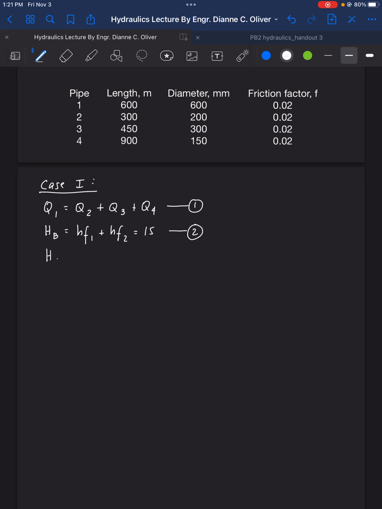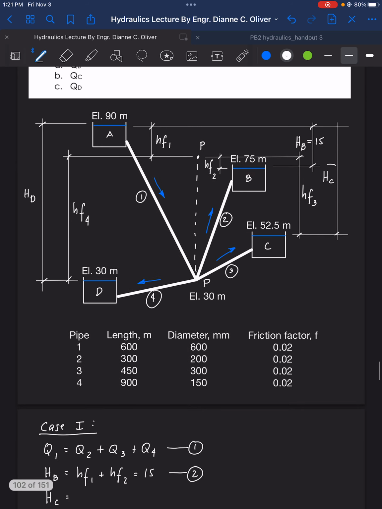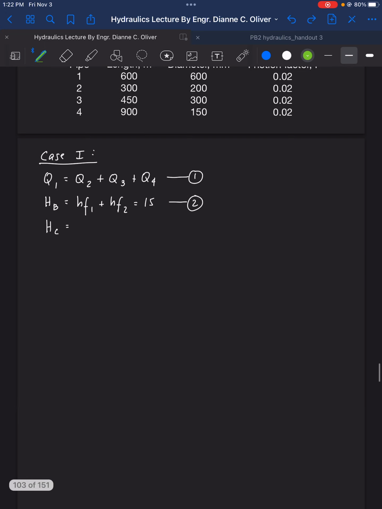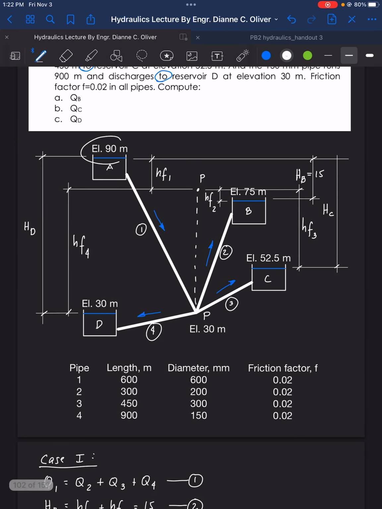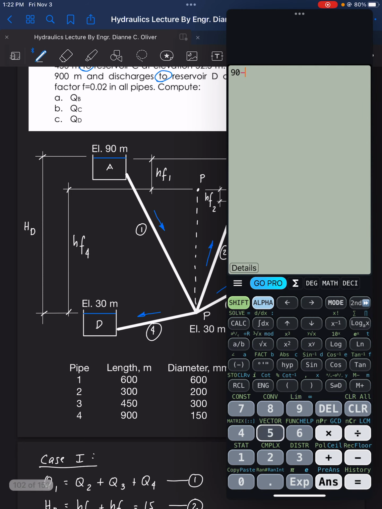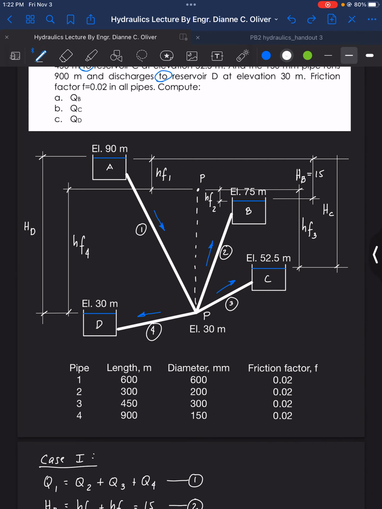Next is the HC. HC is this one here. And that is equal to HF1 plus HF3. And that is our HC. So HF1 plus HF3 is equal to, since we have elevation, 90 minus 52.5, which is 37.5.